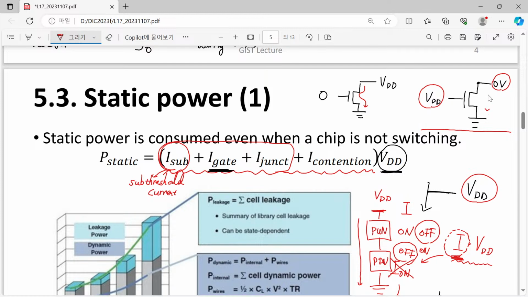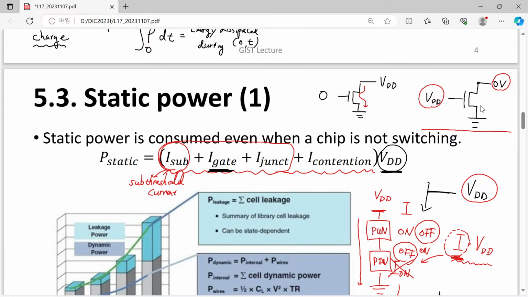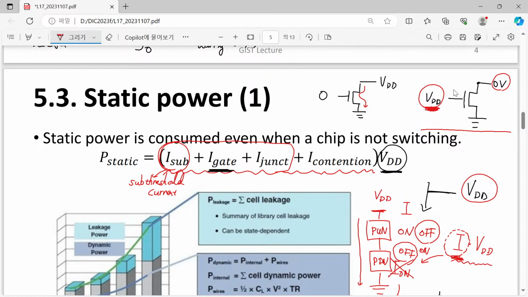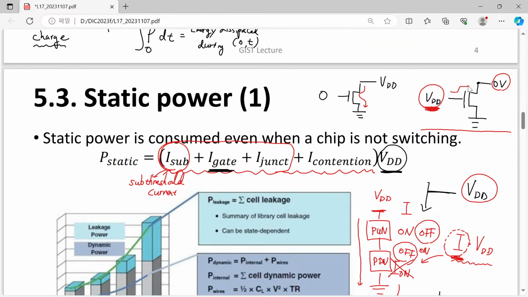But the point is, since we have very high gate voltage, please concentrate on this part. Since the gate voltage is so high, we can consider another conduction path from here, from our gate.